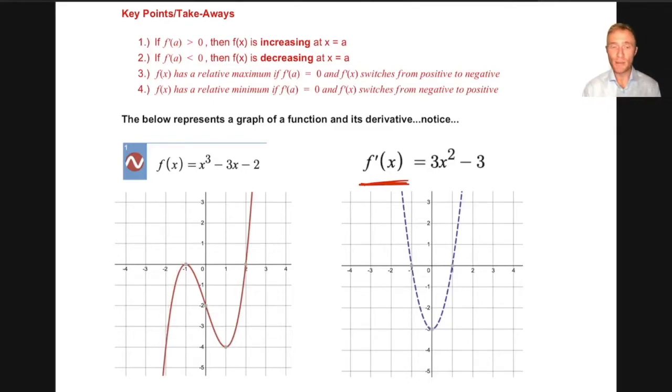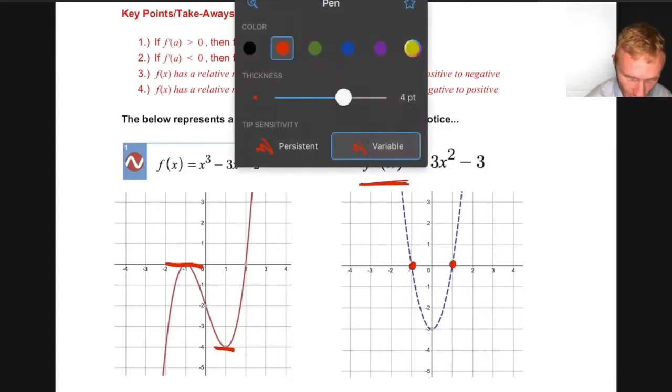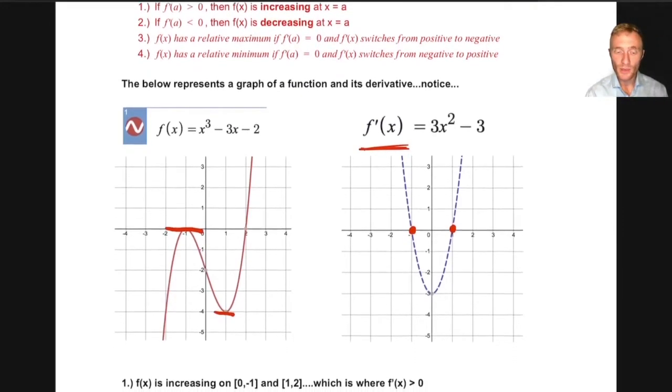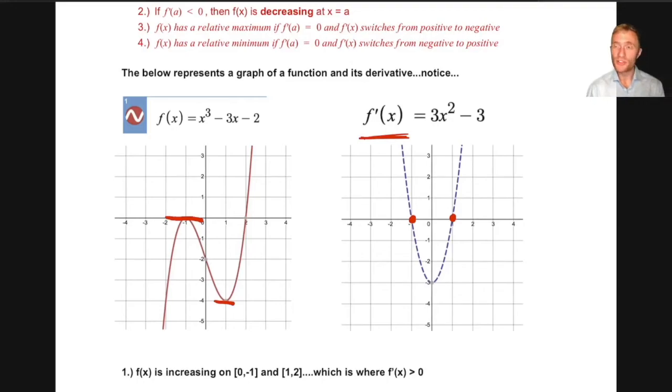Just two quick examples so you believe me. At -1, horizontal tangent line, derivative is 0. At +1, horizontal tangent line, derivative is 0. Here are a couple of other really important ones. Notice f of x is increasing on 0 to 1.